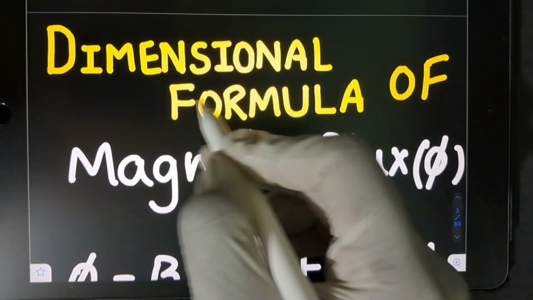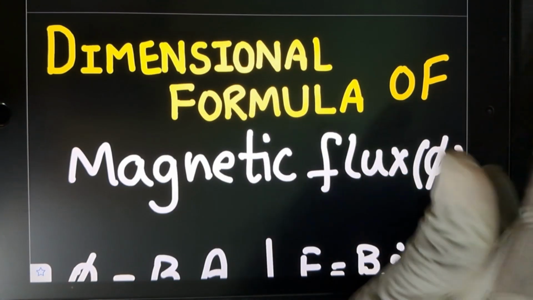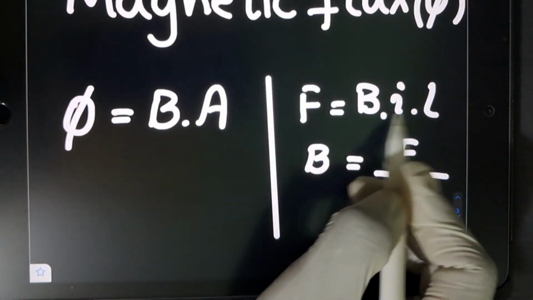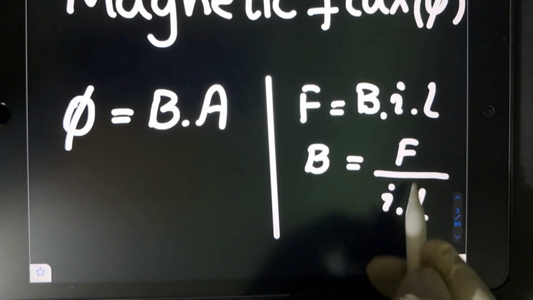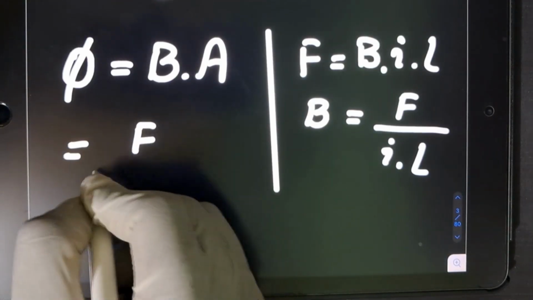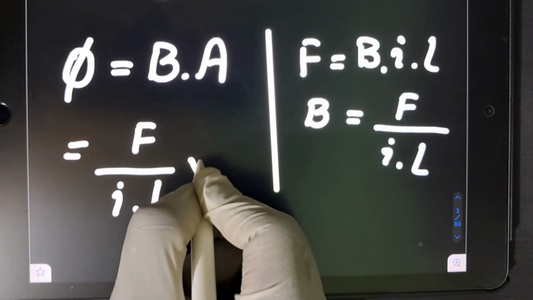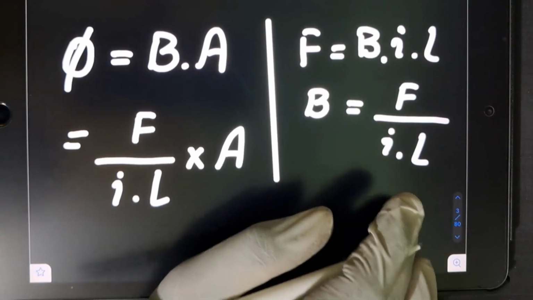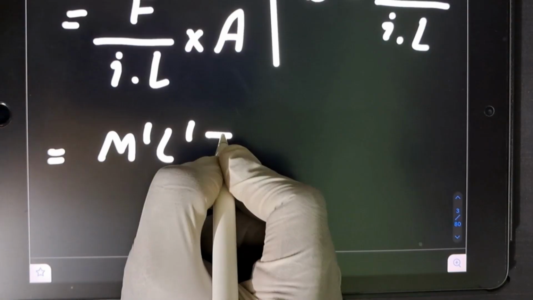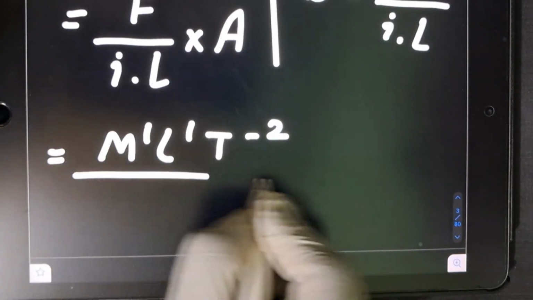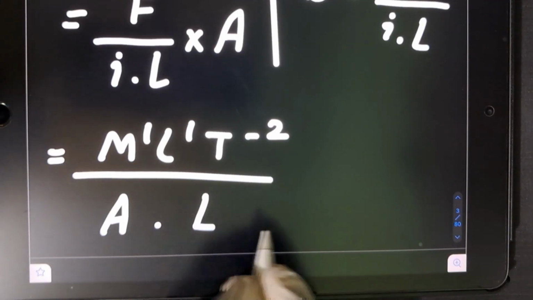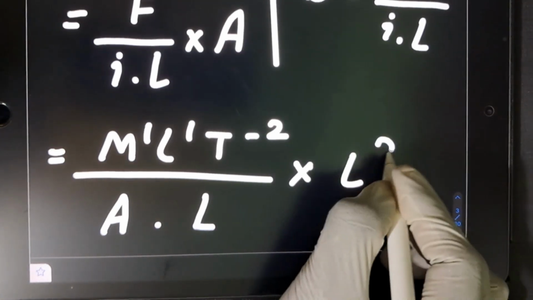To find the dimensional formula of magnetic flux phi, where phi is equal to B into A, we must know that F is equal to BIL, where B, the magnetic field, is equal to force by I into L. In place of B, we can write F by I into L, into A. So the dimensional formula of force is M power 1, L power 1, T power minus 2, divided by I, which represents current, A, into L, length, into area, L power 2.